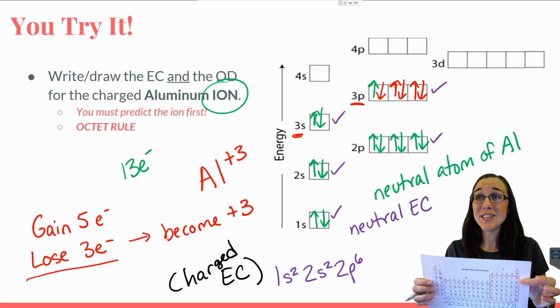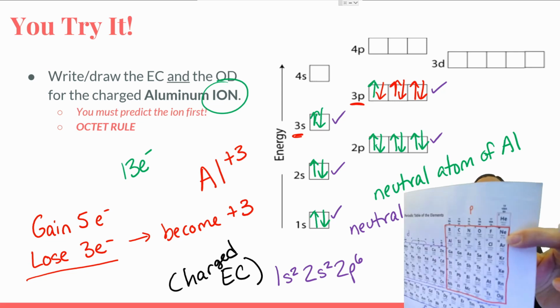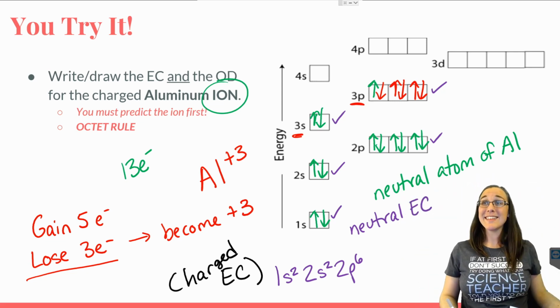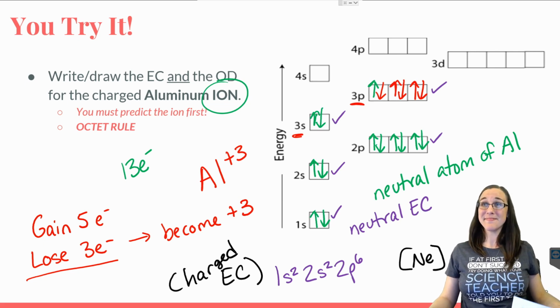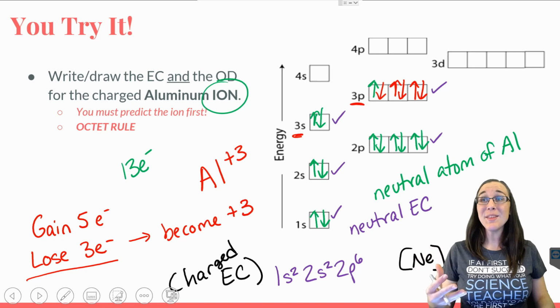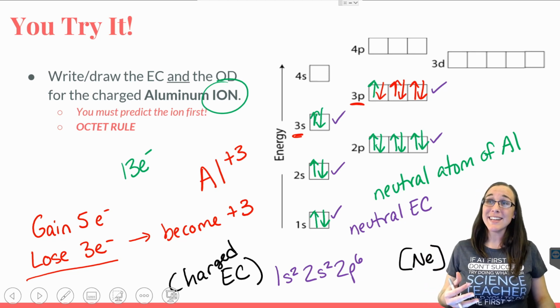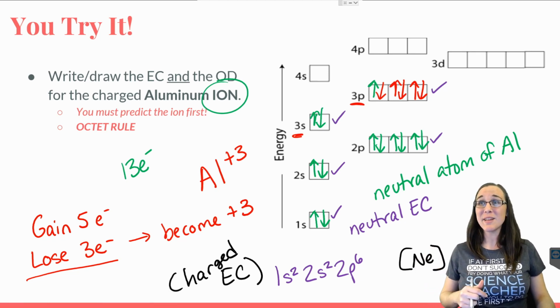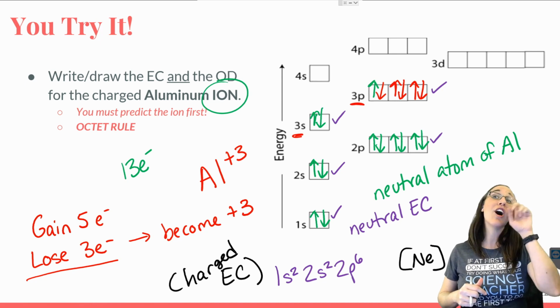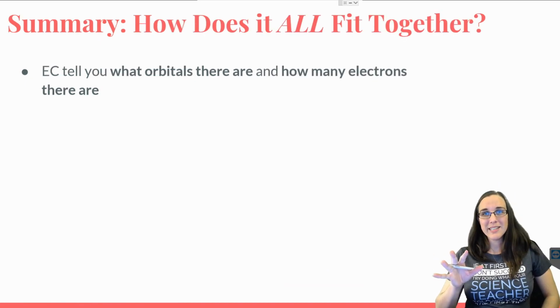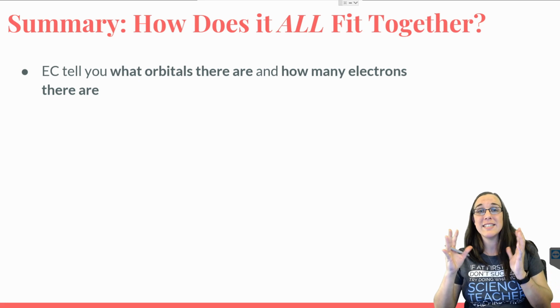So we would actually end up looking like neon. This is technically the electron configuration for neon. Pretty cool, right? In other words, in aluminium's mind, if it has a +3 charge, it can be just like the noble gas, neon.